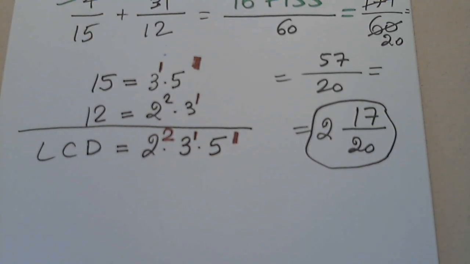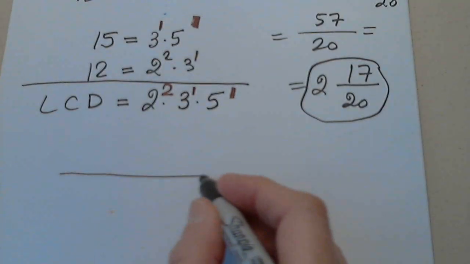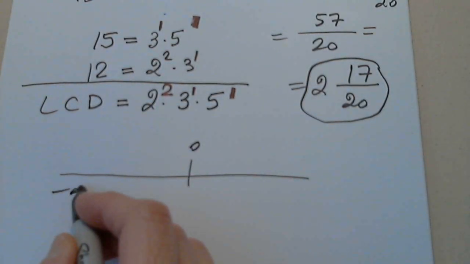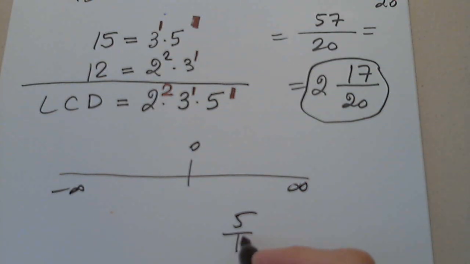Graph the fraction on the number line. This is difficult. 5/11. So if I'm asked to present 5/11 on the real line, first what I'm going to do, I'm just going to divide 5 by 11.